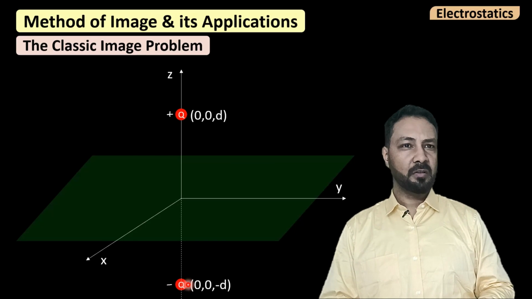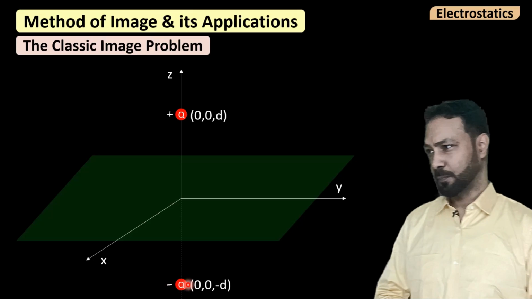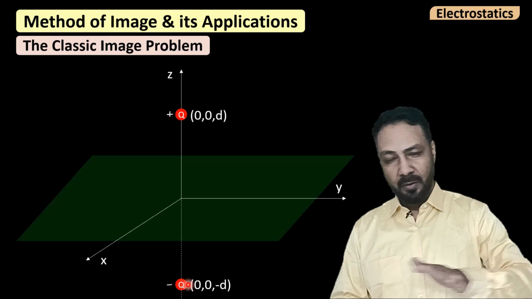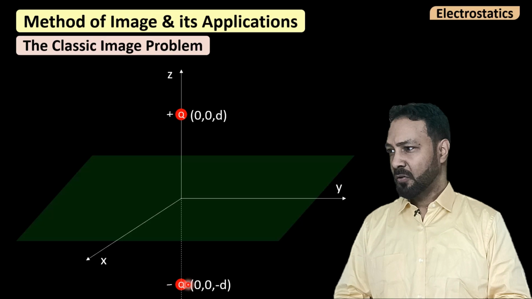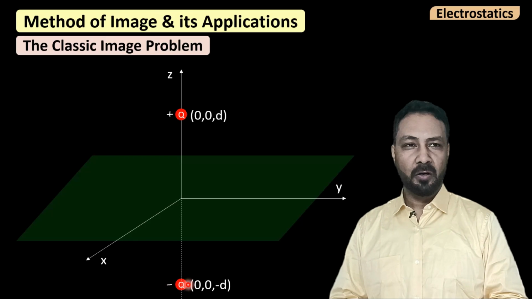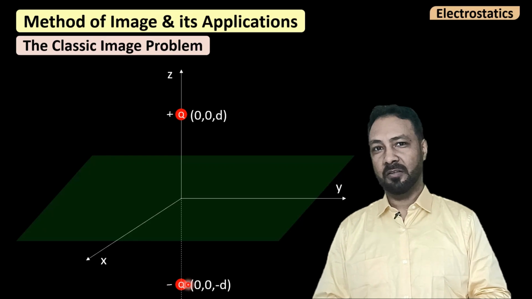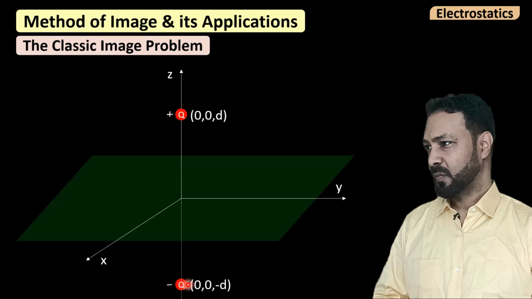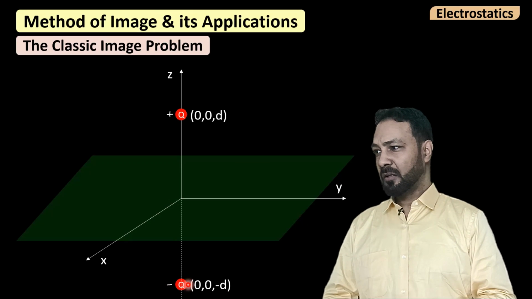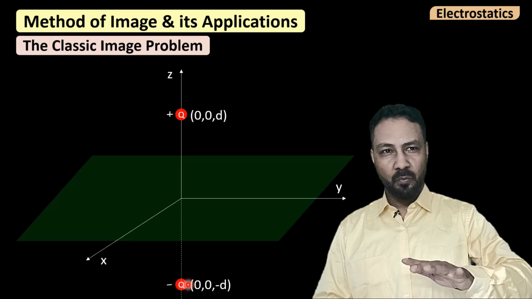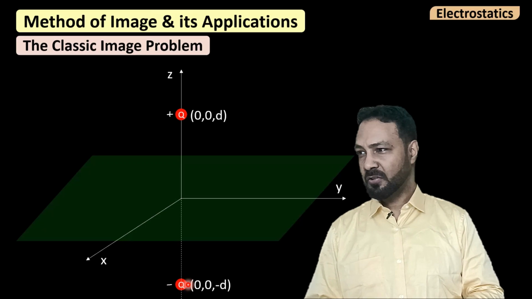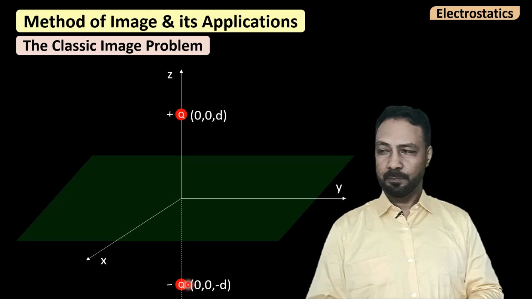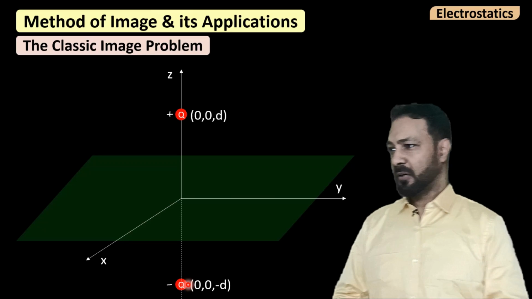Why this method is called the method of images, you can see now. If you think of the xy plane as a plane mirror, this minus Q charge is the mirror image of the plus Q charge, and that's why it is called the method of images. In the previous case, the potential at all points on the xy plane, the z equals 0 plane, was 0.